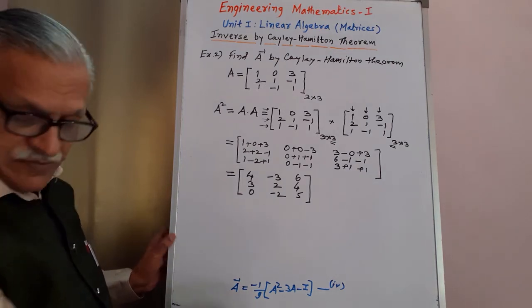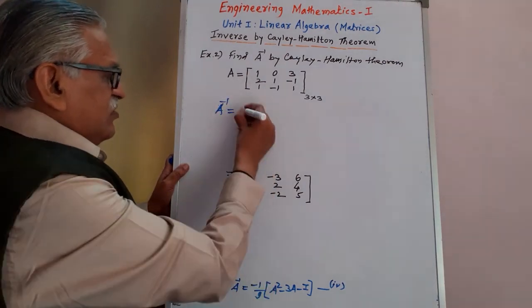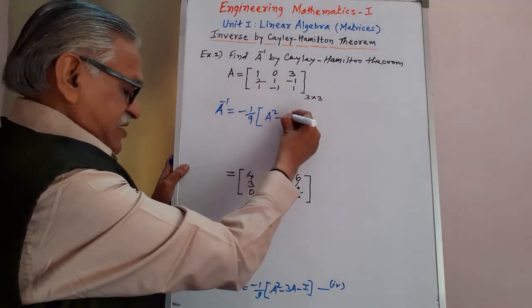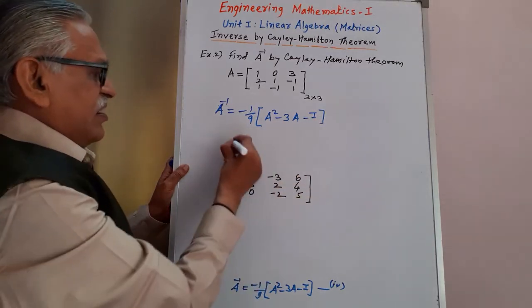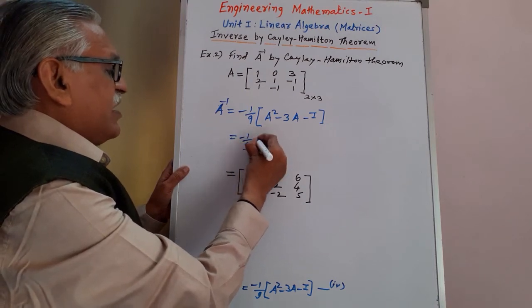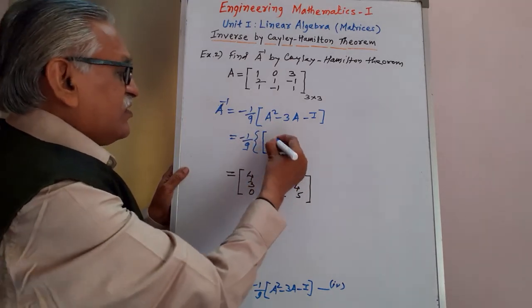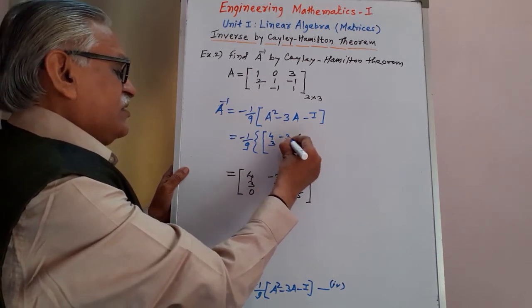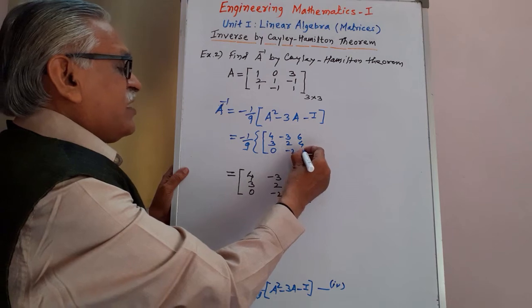Therefore, equation 4 becomes A inverse is equal to minus 1 by 9 times A square minus 3A minus I, and it is equal to minus 1 by 9 times the matrix of A square, that matrix with the elements 4, minus 3, 6, 3, 2, 4, 0, minus 2 and 5.